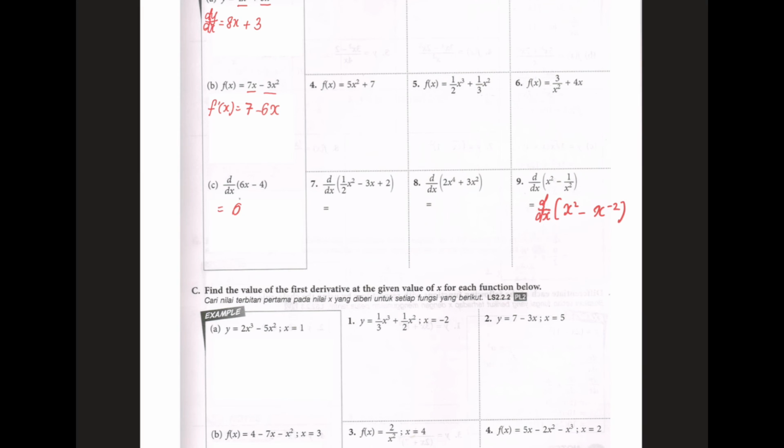I bring up the x squared to make it become x to the power of negative 2 so that I can use the formula afterwards. Because of that, I'm not starting my differentiation yet, and that's why this d over dx we have to write back.